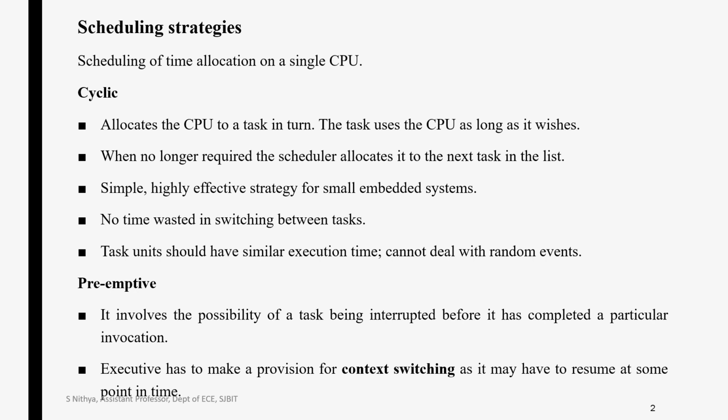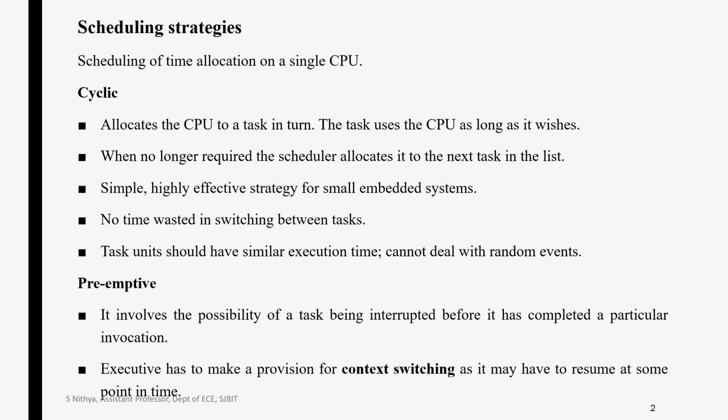Cyclic scheduling is a simple and highly effective strategy for small embedded systems, and no time is wasted in switching between tasks. The tasks should have similar execution times, and it cannot deal with random events.